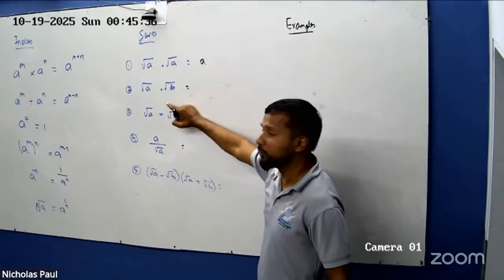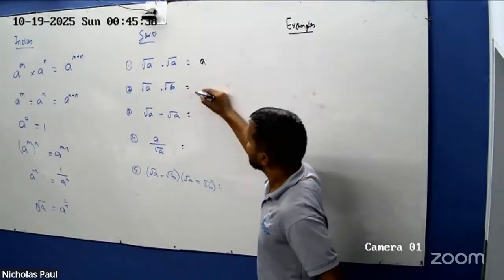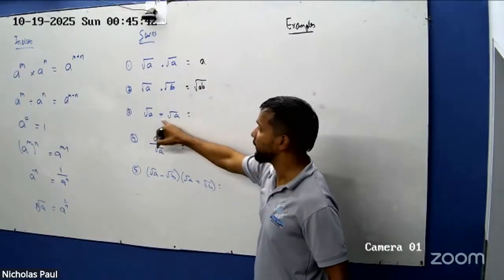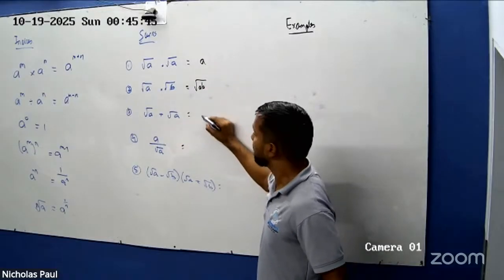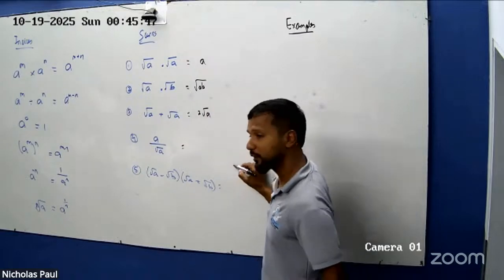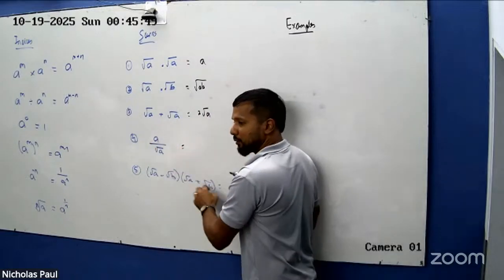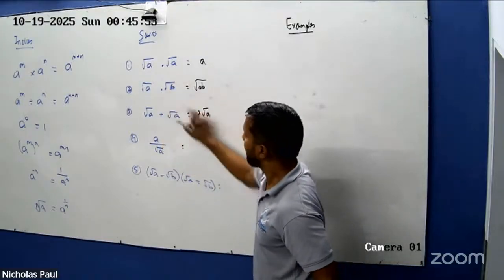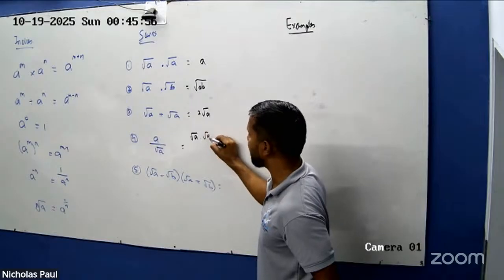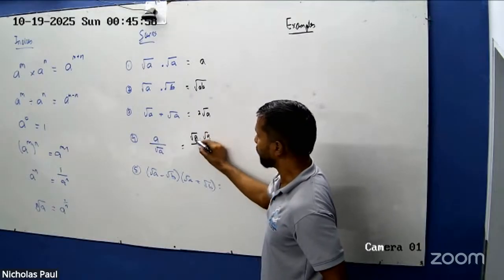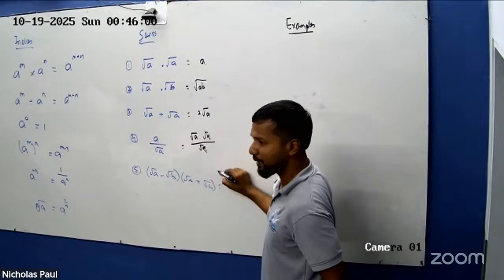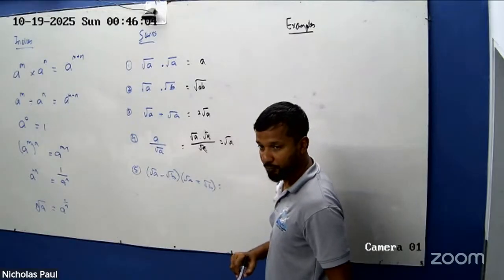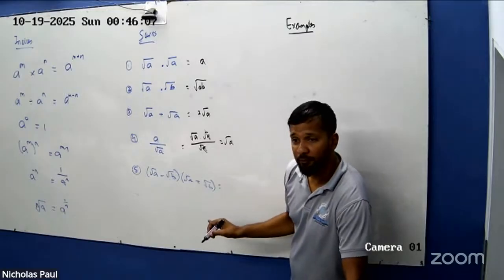What about root A by root B? That'll be root AB. What is root A plus root A? 2 root A. Nice. What will happen here? A is what? A is root A by root A, right? So root A by root A over root A cancel. So you'll get root A. What about here?